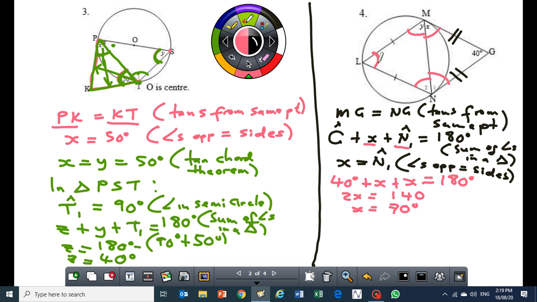Only do that if you are told in the question that this shape is a quadrilateral, like a square, a rhombus, a rectangle, and so on. If you are not told, don't make an assumption. Even if the shape looks like one of the quadrilaterals, don't make an assumption. Because we have to go back to the properties of quadrilaterals. Remember that we did in grade 9 and 10? Properties of quadrilaterals. So for this question here, let's not go there.